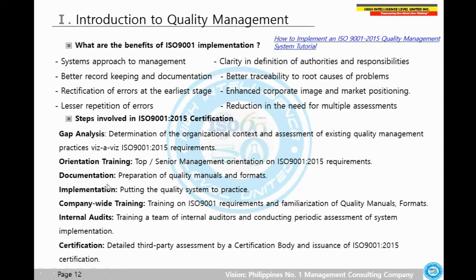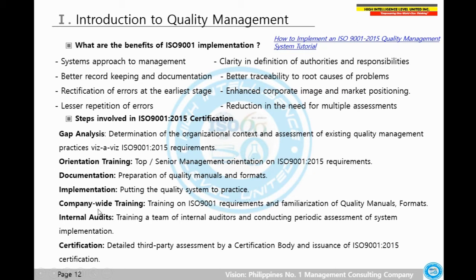We have to declare it. Then after that, orientation training for the requirements. Then after that, starting documentation: manual, procedures, and formats. Then after that, implementation, putting the quality system to practice in your organization, the actual.